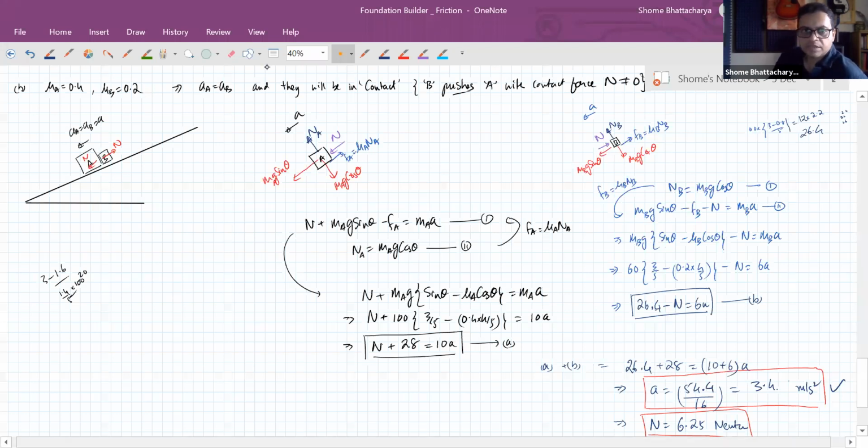Yeah, so this will become exact actually. 3.4. Okay, so just note this correction to the answer. Normal reaction will be exactly 6 newtons and the common acceleration will be exactly 3.4 meters per second square.